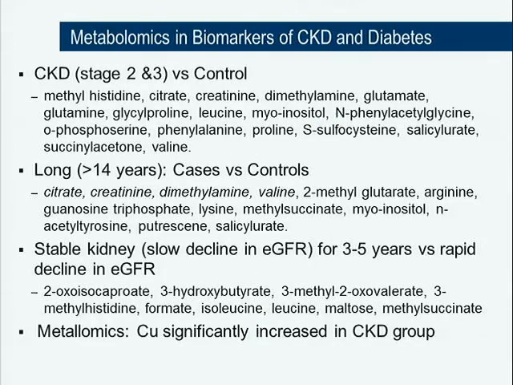So if we grouped them by chronic kidney disease with stage 2 and stage 3 together versus the control, we came up with these metabolites listed here as being the metabolites that differentiated the cases and controls.